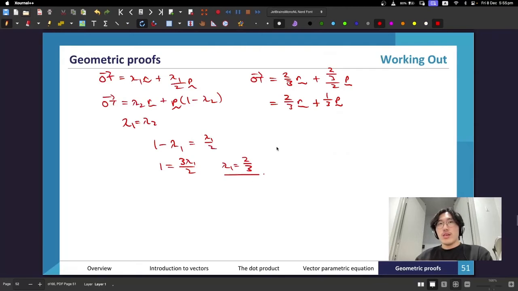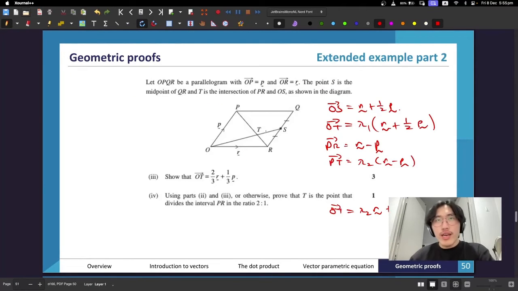So TS, part 4. Again, just in case that wasn't clear enough, we found OT and we know OS, so now we can find TS, right? And we already know RS. So using vector addition, we can find TR. All we have to do to prove that T divides the interval PR in a ratio of 2 to 1 is that TR should be 1/3 of PR and PT should be 2/3.